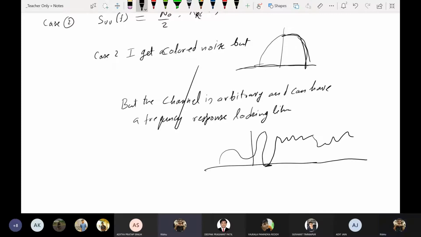Fine. The channel can have a frequency response like this. Nothing stops it from having such a frequency response. You would agree on that?